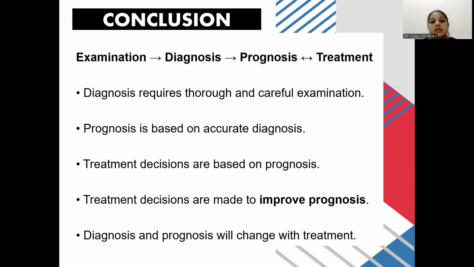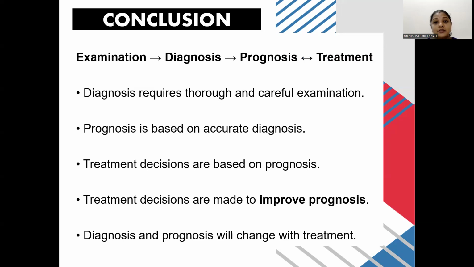Treatment decisions are based on prognosis. Then treatment decisions are made to improve your prognosis. So diagnosis and prognosis will change your treatment plan. Your treatment should always improve your prognosis from poor to fair and good. That is how a treatment plan is done.